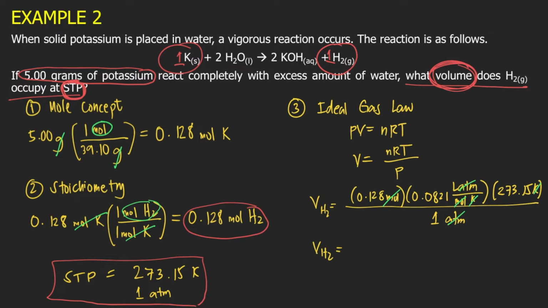The remaining unit is liter, which is the unit for volume. So grab your calculator: 0.128 times 0.0821 times 273.15 divided by 1 is approximately equal to 2.87 liters. And this is the answer to example 2.